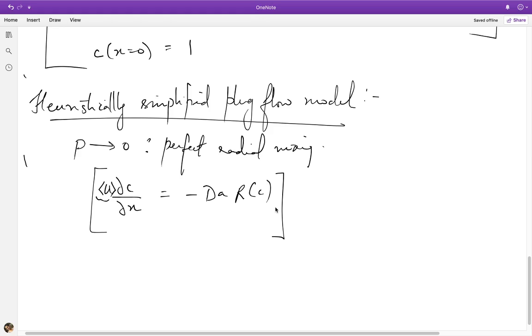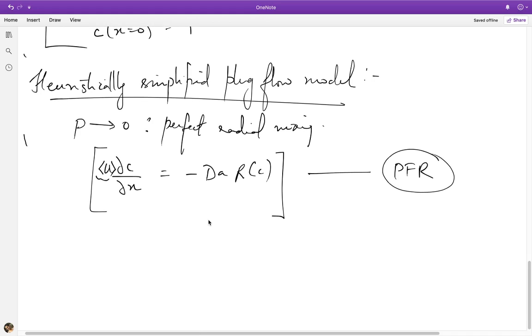That is not at all obvious at this point: even if you don't have perfect radial mixing, the plug flow model is valid. We will see that only from the procedure of averaging, which is already one benefit of the averaging method, apart from the fact that it gives you a more accurate model by accounting for small but non-zero P. But anyway, let's keep this in mind as being the PFR model, and we'll come back to this at a later stage.